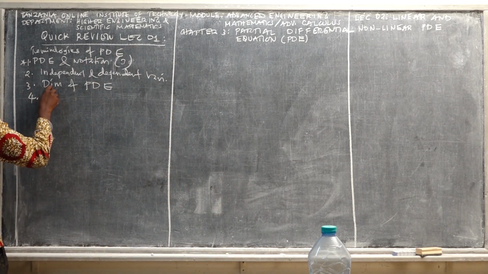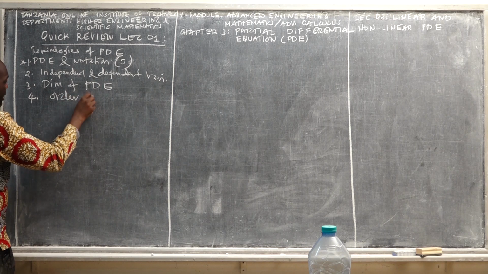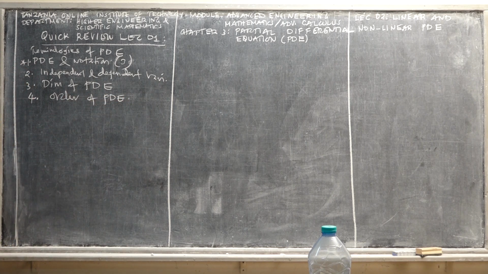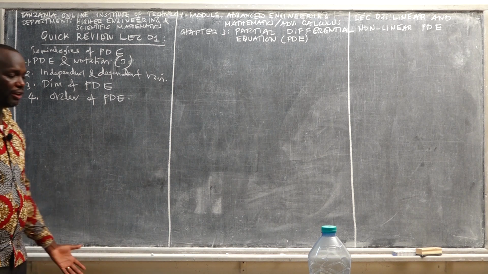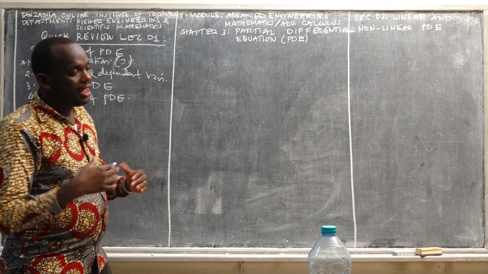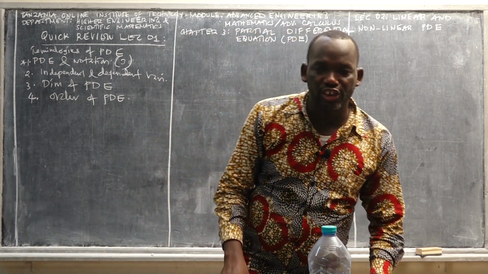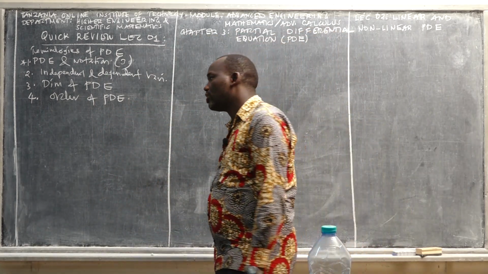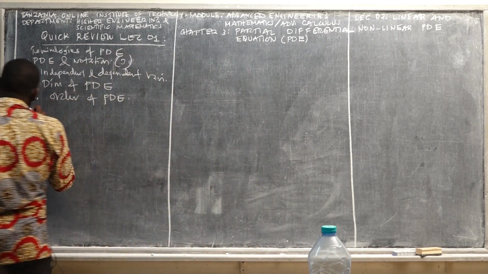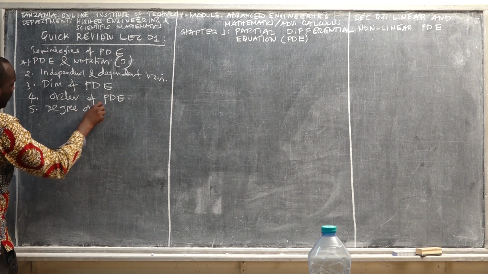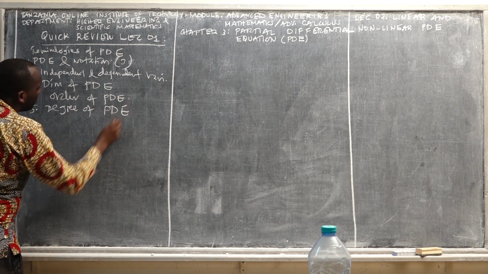The next terminology is the order of a partial differential equation, the highest partial derivative present in the equation. Then the last terminology is the degree of a partial differential equation.